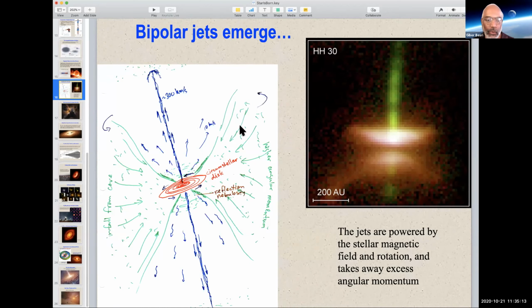Meanwhile, it drags magnetic field with it, and the magnetic field concentrates. And then it turns out the star starts producing magnetic fields on its own, and they start controlling the gas motion. Basically, the magnetic field starts trying to wrap the gas.